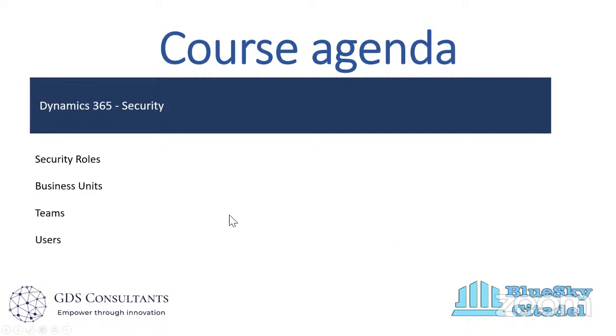Yeah, so I would say business units are containers that we use to segregate the business structure or the team structure within an organization. So you could have a business that has various departments like marketing, finance, maybe accounts, and so on and so forth.